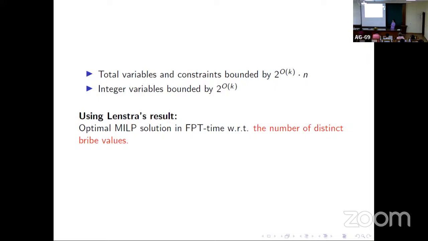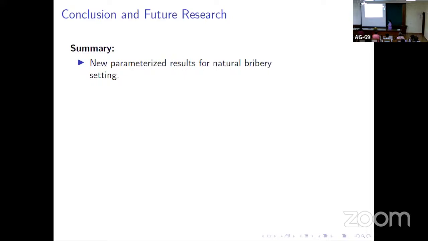By using Lenstra's result, we can say that our problem has an FPT running time with respect to the number of distinct bribe values. So you get double exponential. Yeah, the running time is not single exponential here. This is one of the open problems that we have.